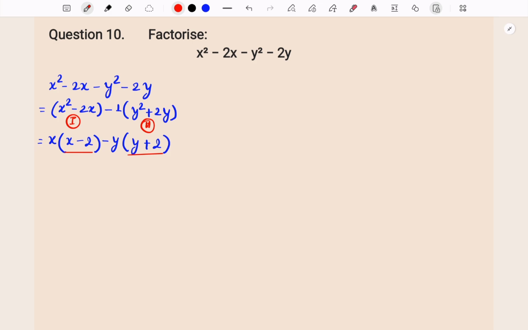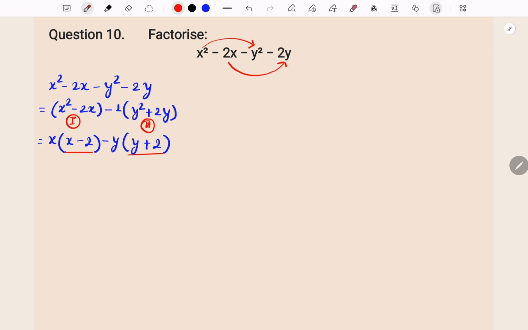Whenever grouping doesn't give matching brackets, try regrouping the middle terms. First we tried to group x squared with 2x and it did not work. So now let's try to group x squared with negative y squared, and negative 2x with negative 2y.